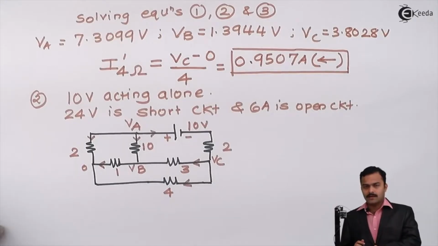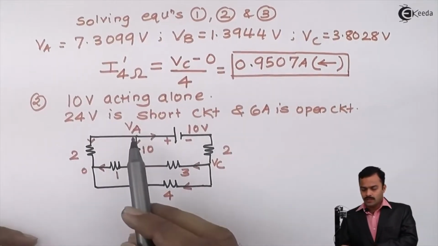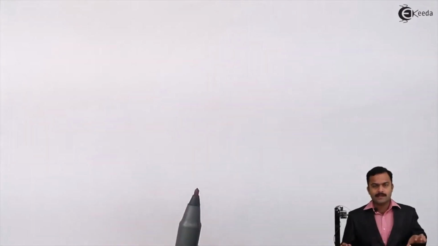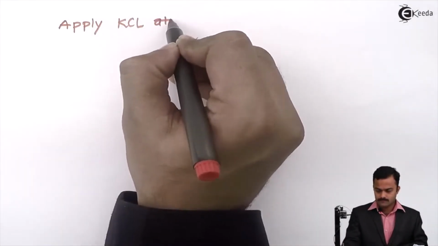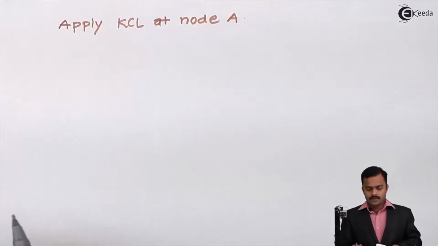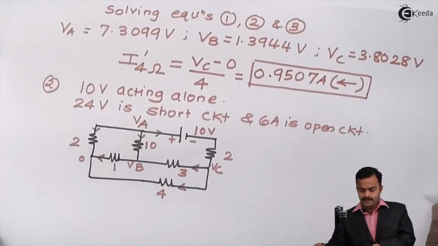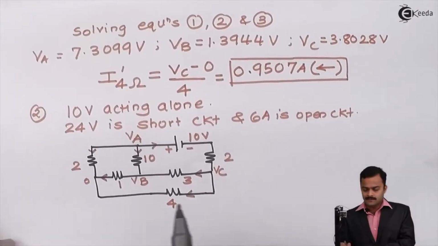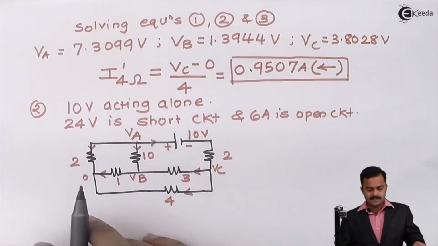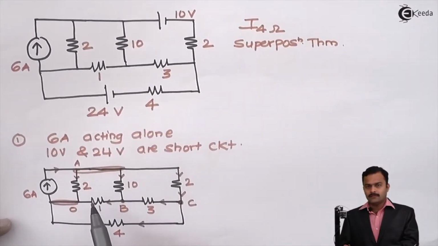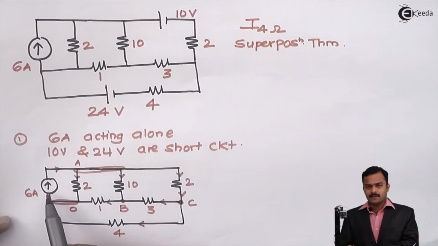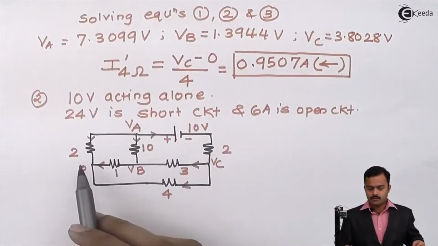So first I will consider node A, where I am going to apply KCL. If I apply KCL at node A and compare this diagram with the previous diagram, the only difference is that the 6 ampere current source is not there over here.